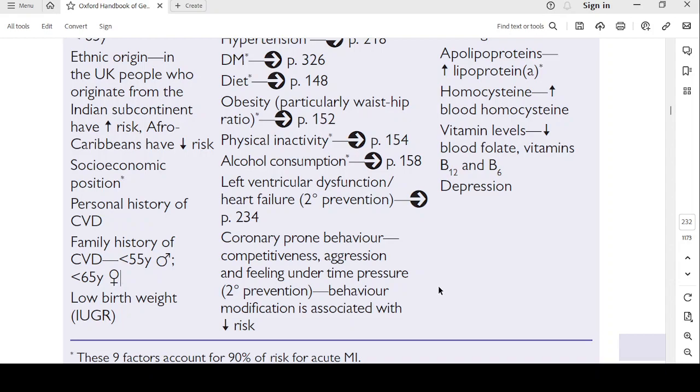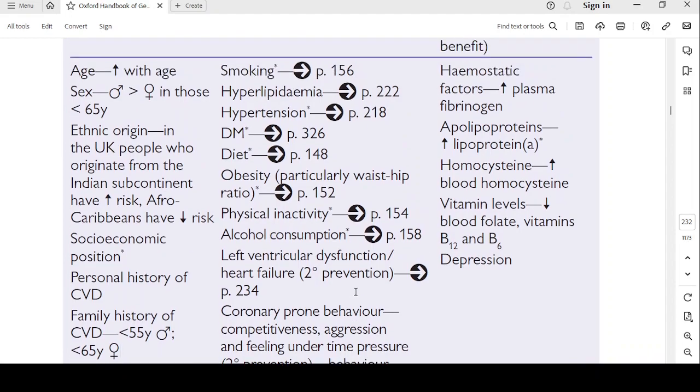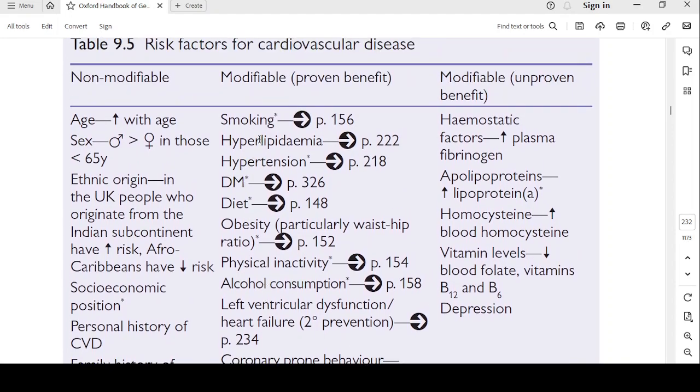Secondary prevention, behavior modification is associated with decrease in risk. So these are all the modifiable factors where you can do something and it will decrease the chances that the person will have heart disease in the next 10 years.